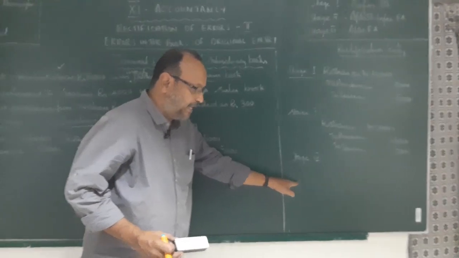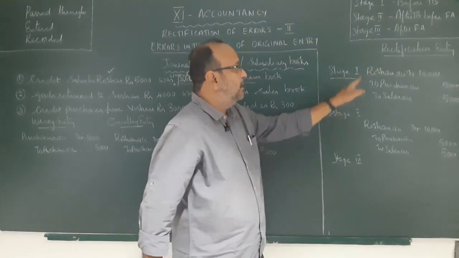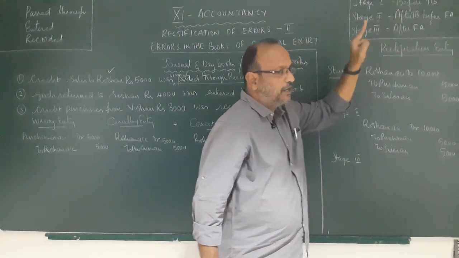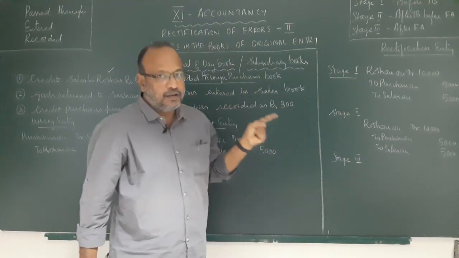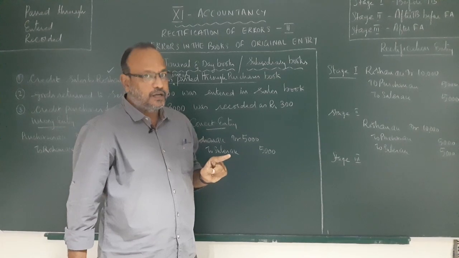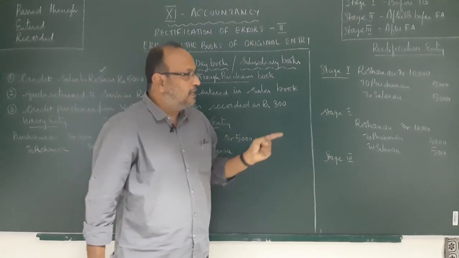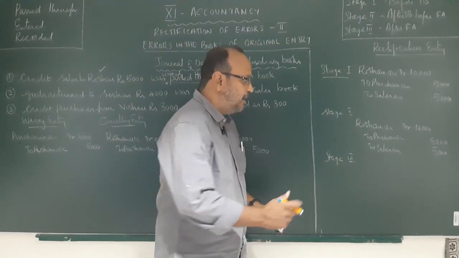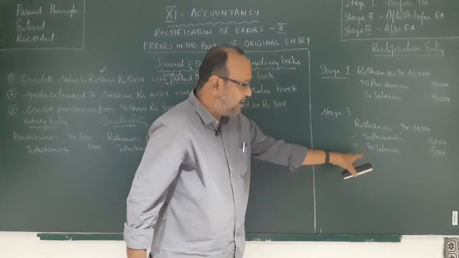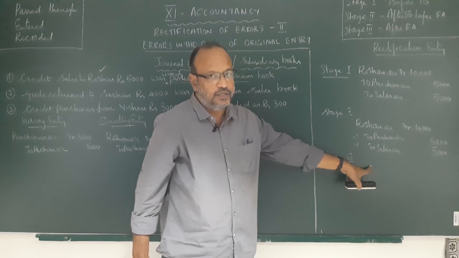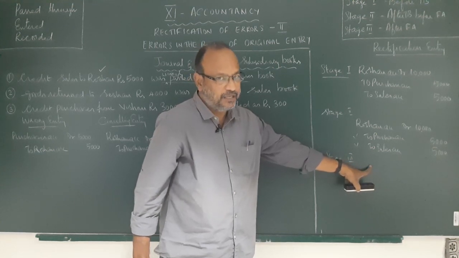Now in the third stage, what is the third stage? It is after final accounts, or we call it the subsequent period. In the subsequent period, when we are rectifying a mistake, and in that rectification journal entry there happens to be a nominal account, that nominal account has to be substituted with the words profit and loss adjustment account.